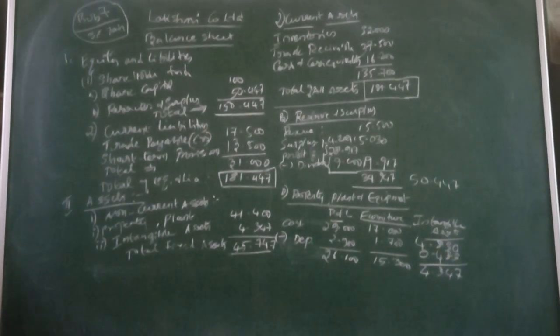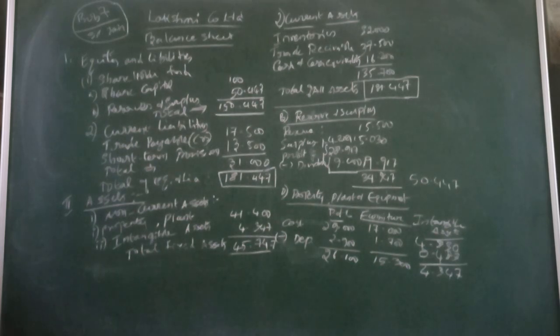What you had in fixed assets in the previous classes are now called non-current items. Simple, that's it. As far as non-current assets are concerned, you will have to show the cost value of the fixed asset, the depreciation thereon, and the net value of the fixed asset. That is also shown separately in schedule D. So the cost of plant and machinery is 29, depreciation given in the question is at the rate of 10%, so 2.9.